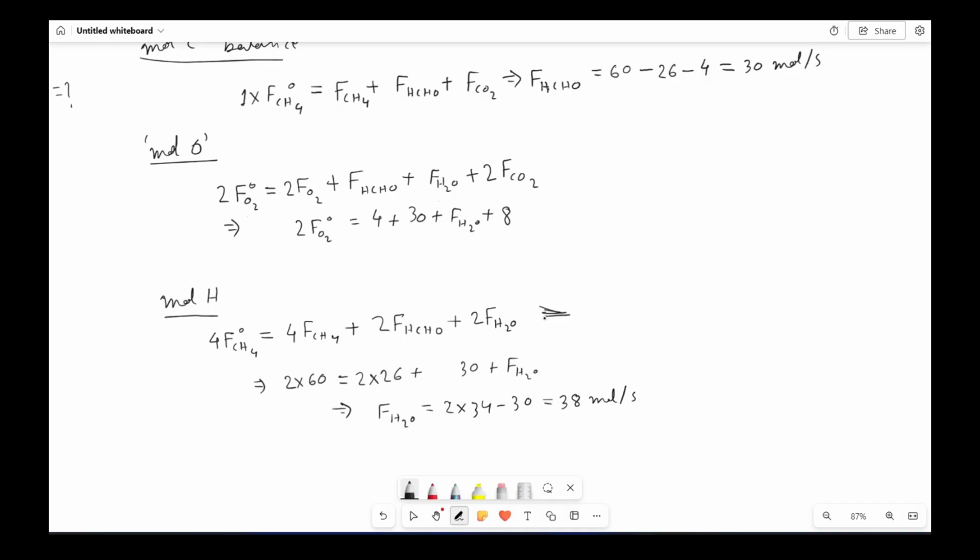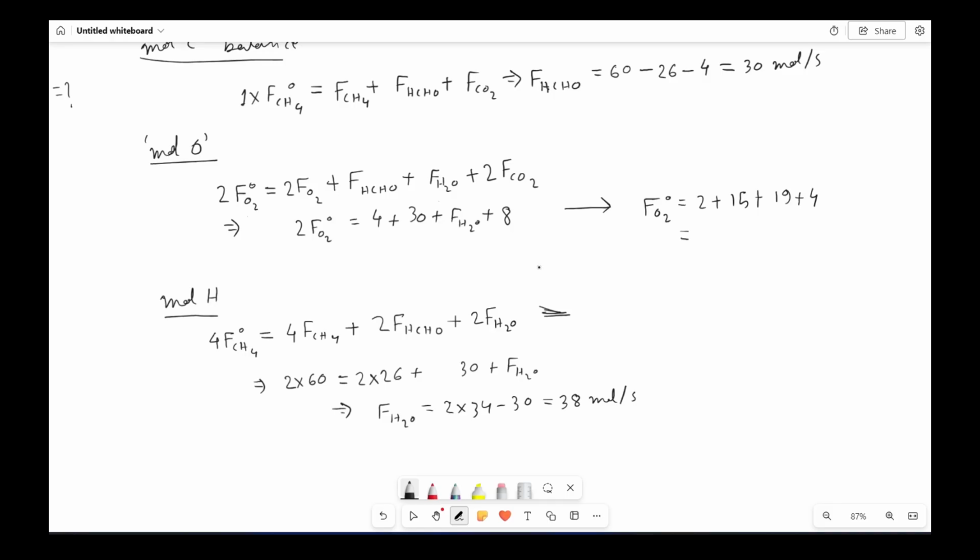Now, from this equation, the moles of O2 balance, if H2O is known, we can easily calculate FO2 naught. FO2 naught is equals to 2 plus 15 plus 38 divided by 2, which is 19, plus 4.